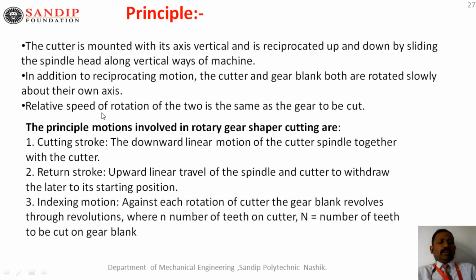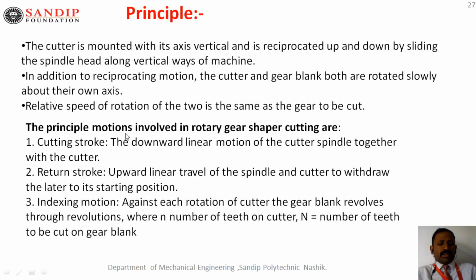The relative speed of rotation of the two is the same as the gear to be cut. That is very important. Both motions are the same. So it depends on the cutting stroke, that is the downward linear motion, then the return stroke in the upward direction, then the indexing motion.